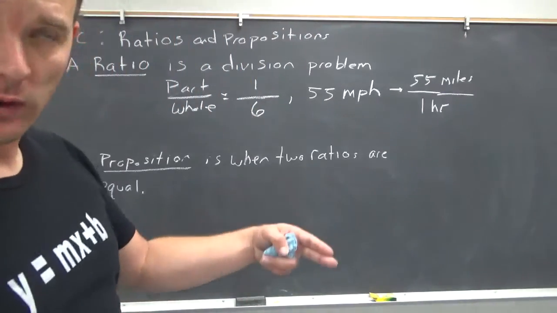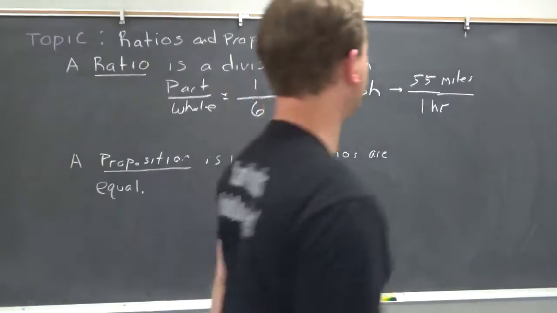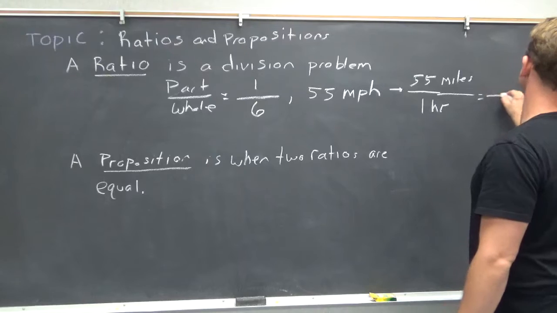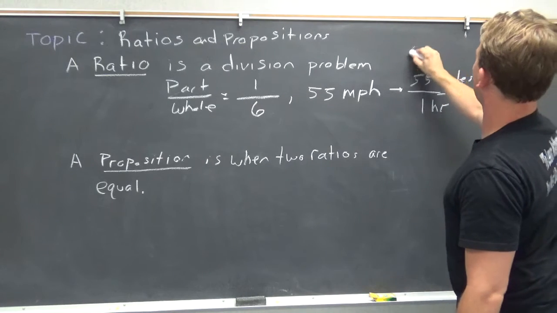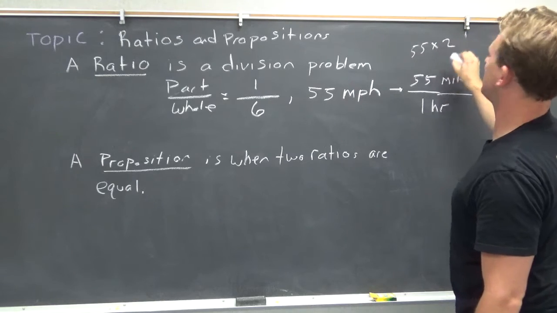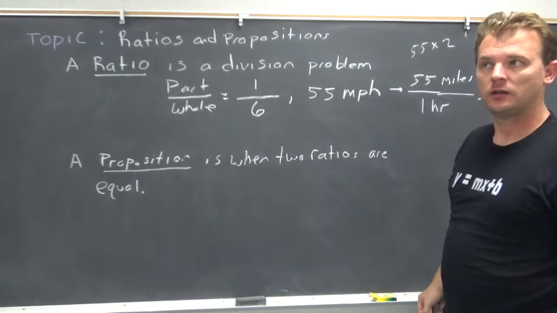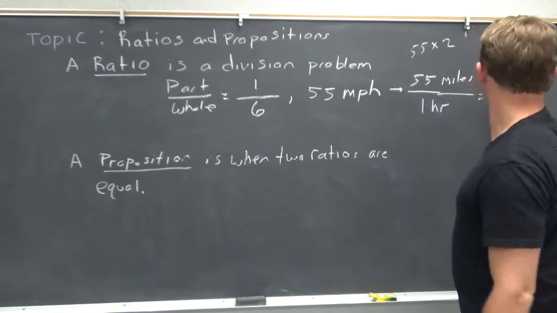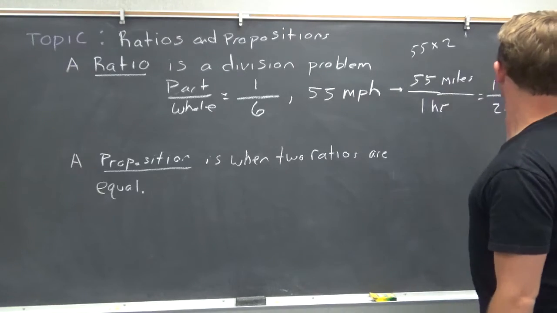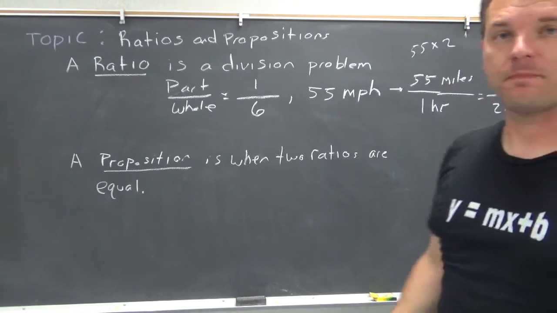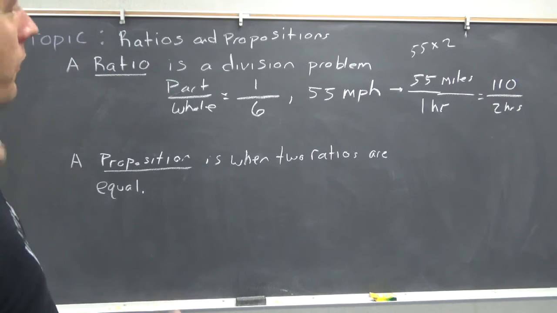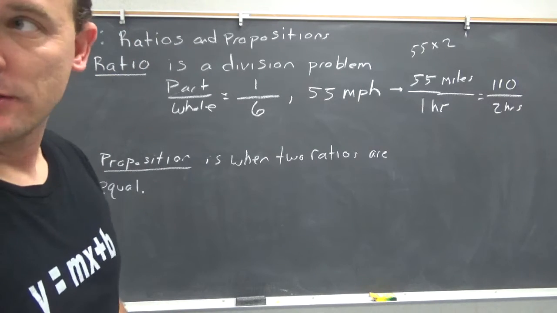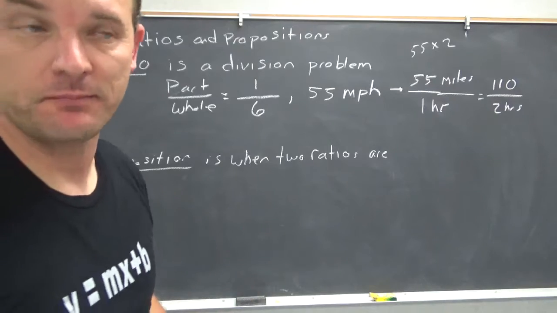So in 2 hours, where would I go? In 2 hours, I will go 55 times 2, which is 110 miles in 2 hours. So those are ratios. Ratios just tell you something.